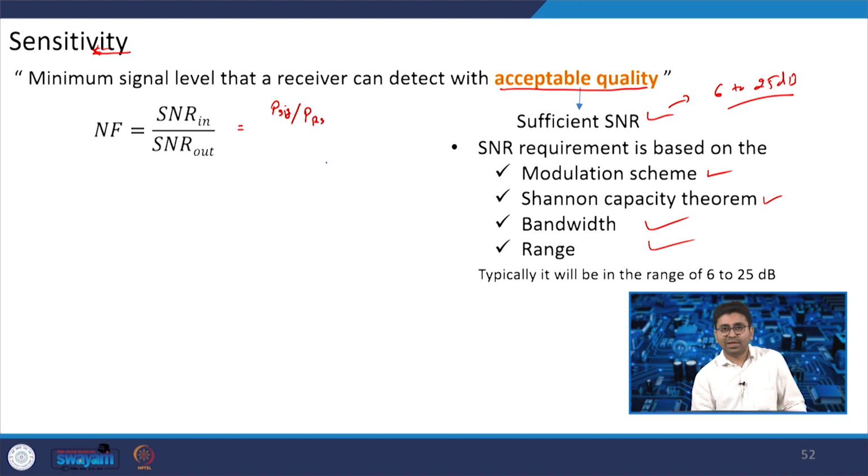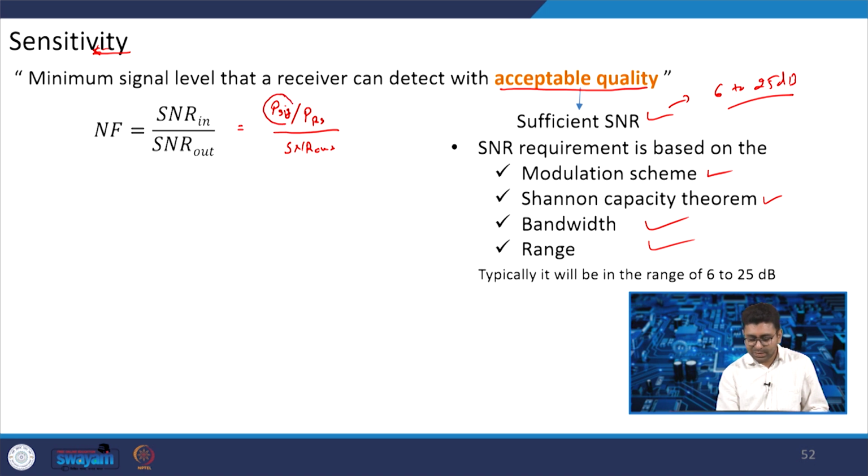PRS is nothing but the noise power. P signal by PRS, and I will make sure of the SNR out, that is the output SNR, because here we are considering the sufficient SNR. Now what we are interested in is the minimum signal, which is important while defining the sensitivity: how much minimum signal level. That is P signal.